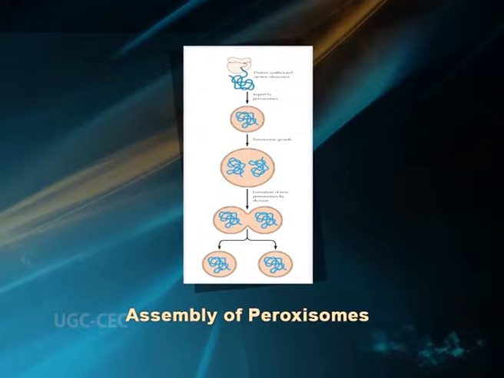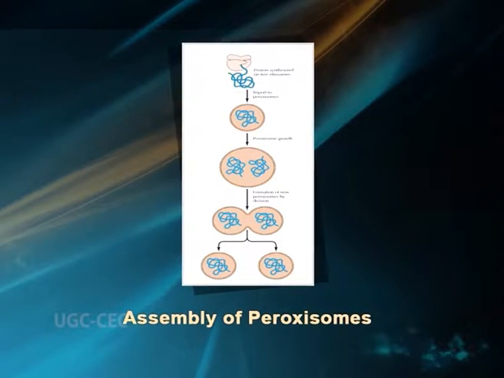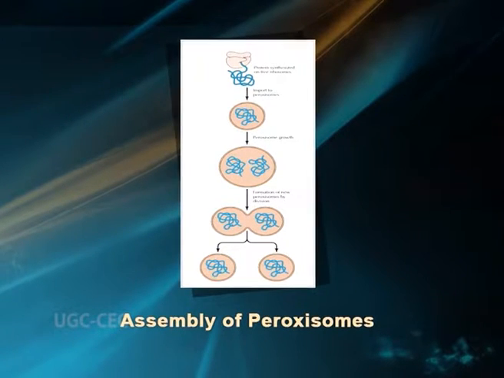The import of proteins and phospholipids results in peroxisome growth, and new peroxisomes are then formed by division of old ones. Proteins are targeted to the interior of peroxisomes by at least 2 pathways, which are conserved from yeast to humans.